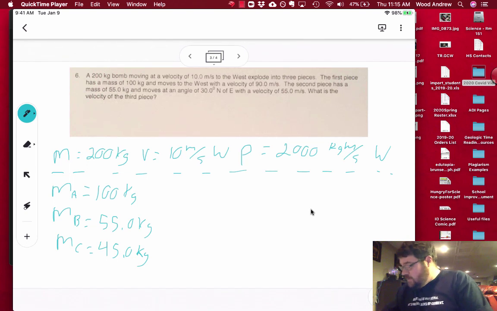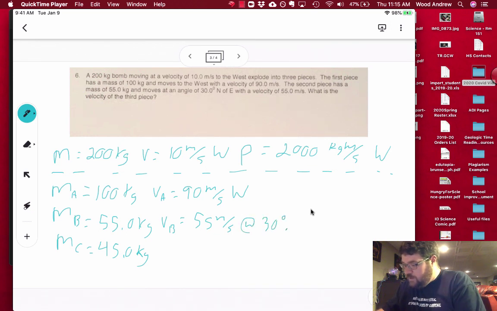They have velocities as well. Velocity of A was 90 meters per second to the west. Velocity of B was 55 meters per second at 30 degrees north of east. And velocity C, of course, is our unknown.